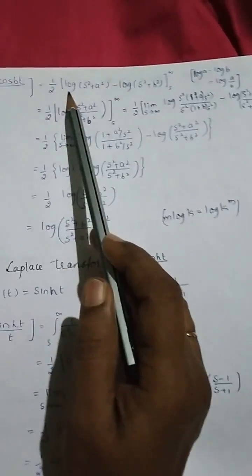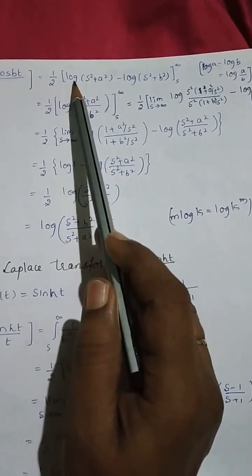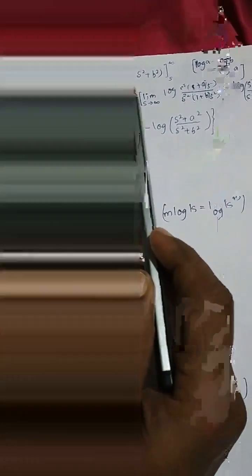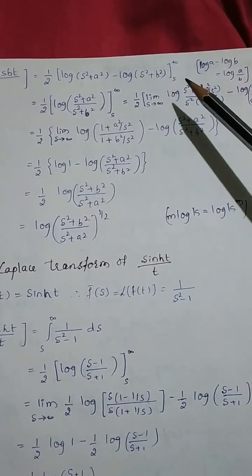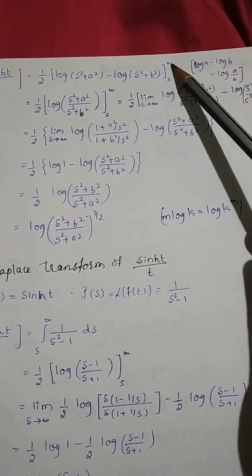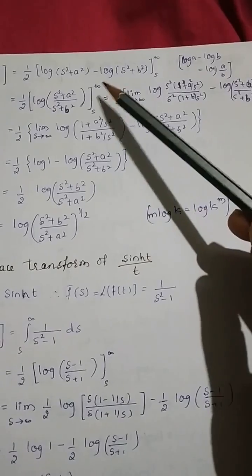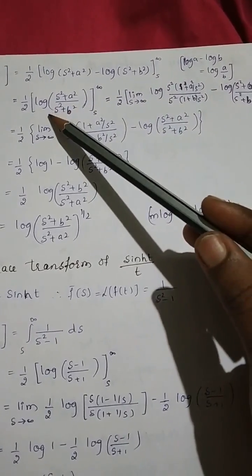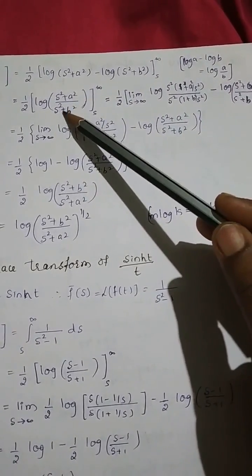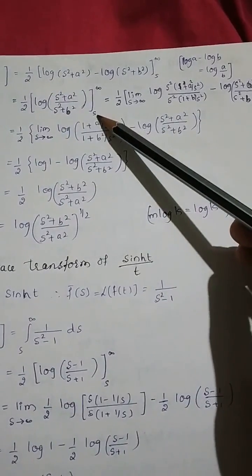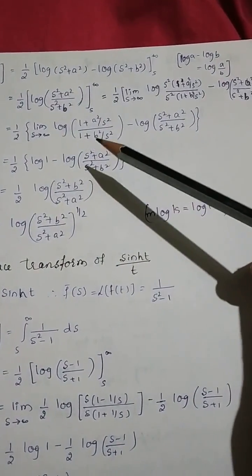Taking 1 by 2 common outside, we have obtained 1 by 2 into bracket log of s square plus a square minus log of s square plus b square between the limits s to infinity. Next, this is again like log a minus log b. We write it as log a by b, that is log of s square plus a square upon s square plus b square between the limits s to infinity.